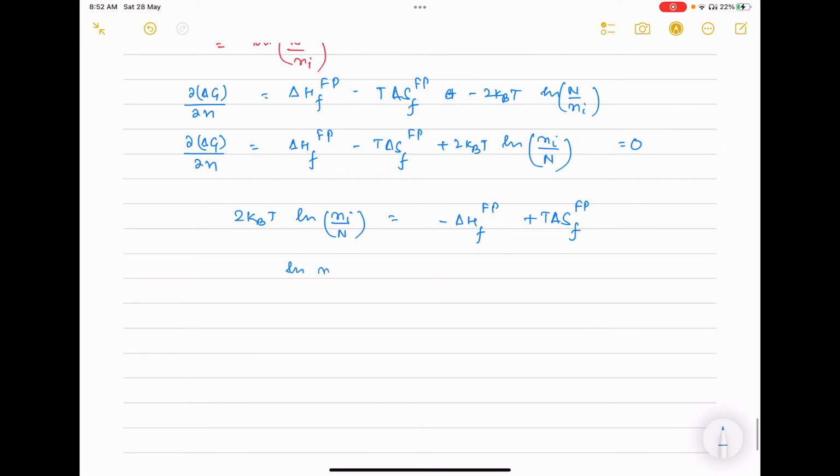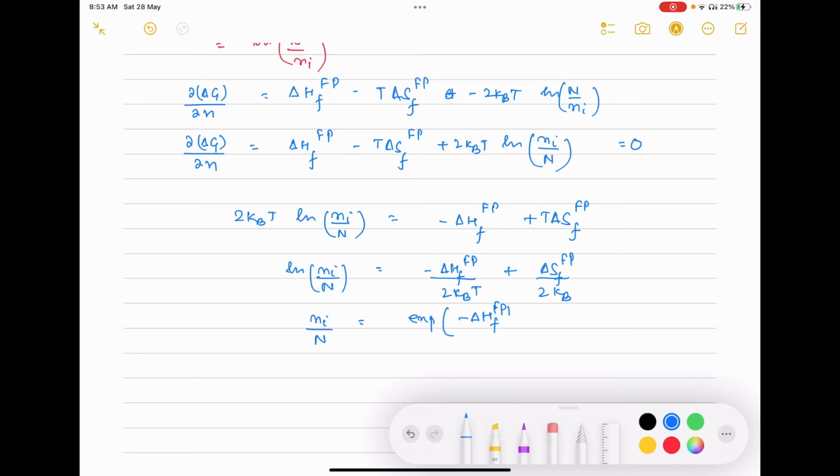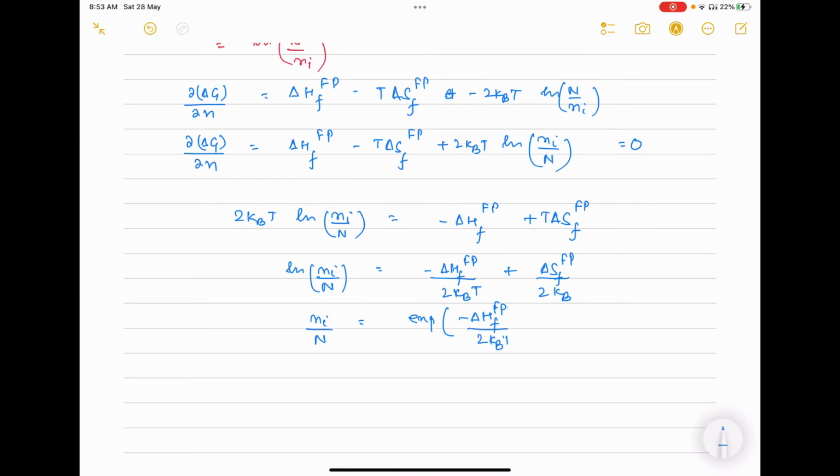So ln(N_i/N) is minus ΔHF by 2kBT plus ΔSF by 2kB. So N_i by N is equal to exponential of minus ΔHF(FP) by 2kBT into exponential of ΔSF(FP) by 2kB.